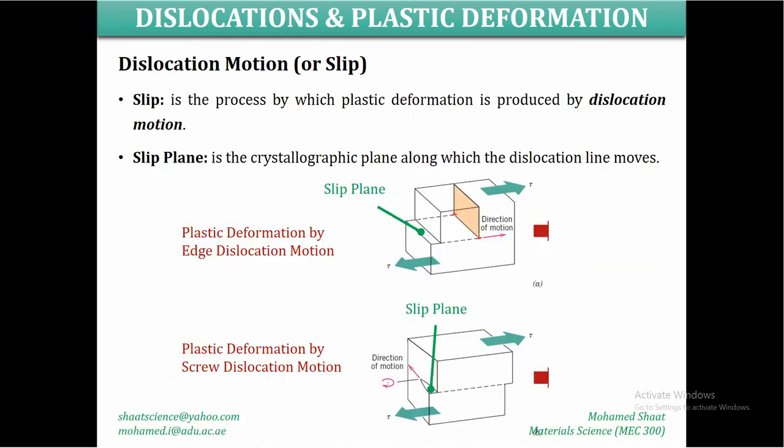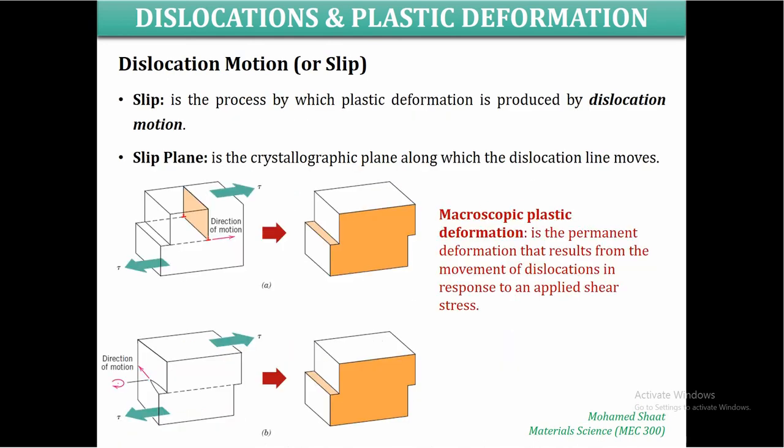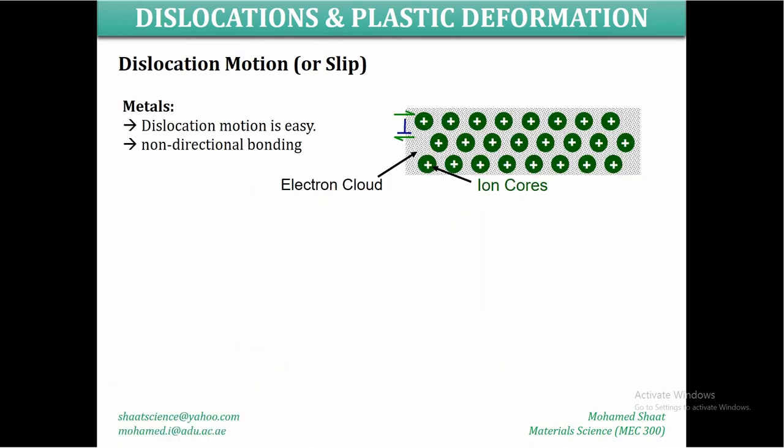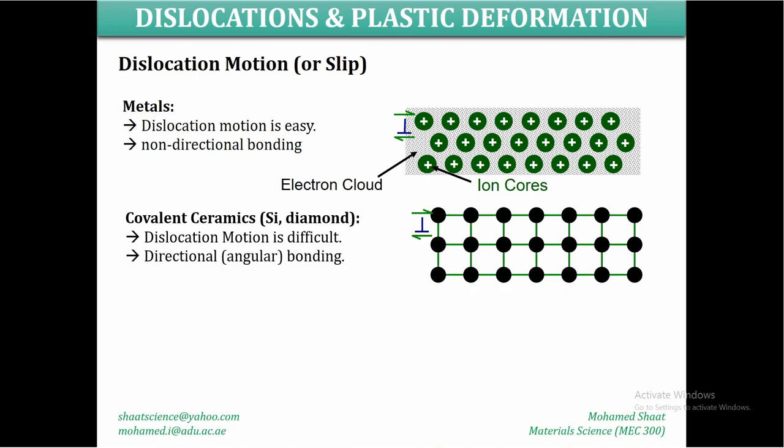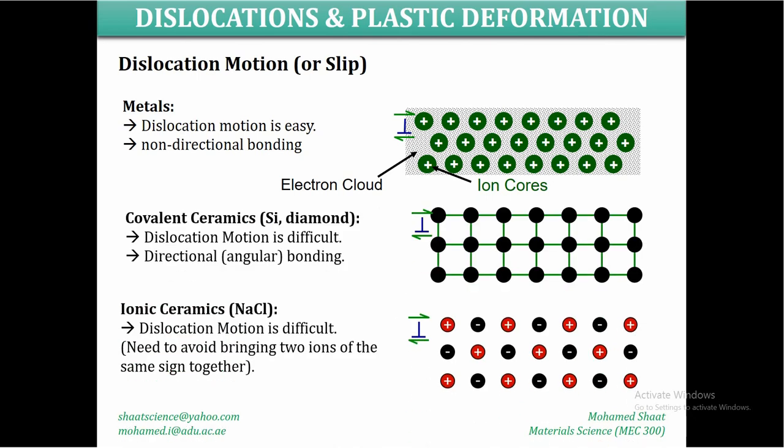So we have discussed the plastic deformation, and we discussed in detail how the edge dislocation is going to move and how these dislocations could be related to the type of bonding between the atoms that form the material, and how it would be easy for a dislocation to move inside the material structure, or even how it would be easy to achieve a plastic deformation depending on the type of bond between the atoms.